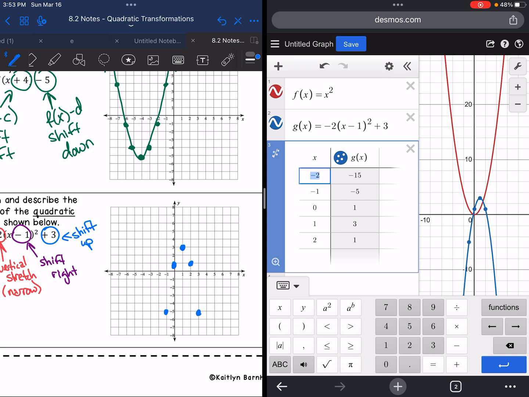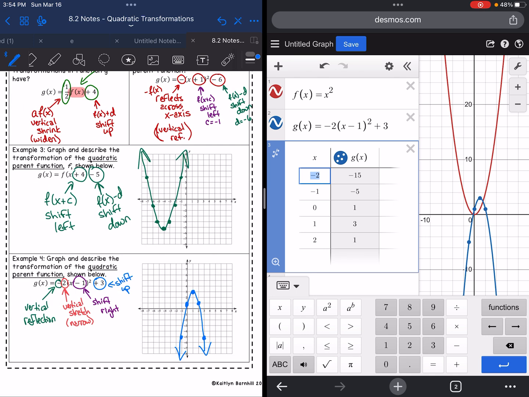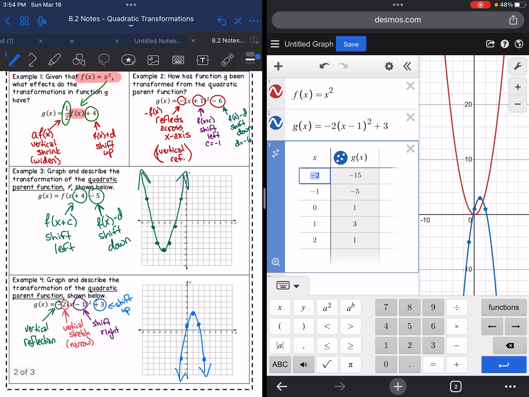So I'm just going to use that symmetry to get the points on the other side. All right, once you have your vertex, you can just start mirroring and see what you've got on each side. But that is it for this. So that's how we can identify our transformations.